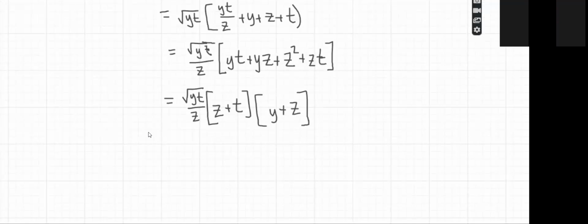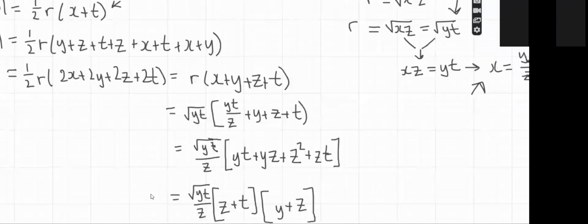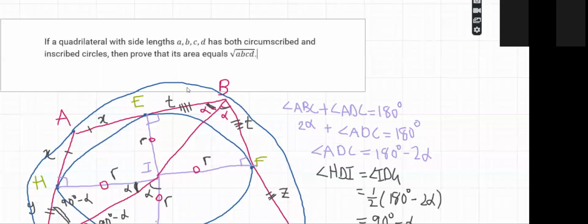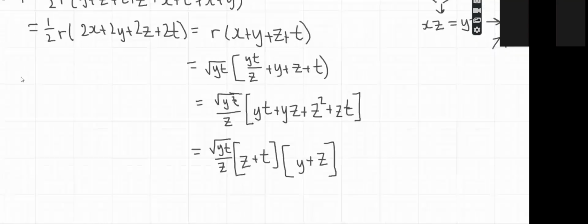Okay, now we'll calculate the square root of the product of the four sides. We'll check that the square root of the product of the four sides is equal to this, which is the area of the quadrilateral.